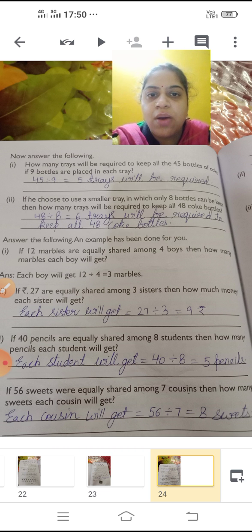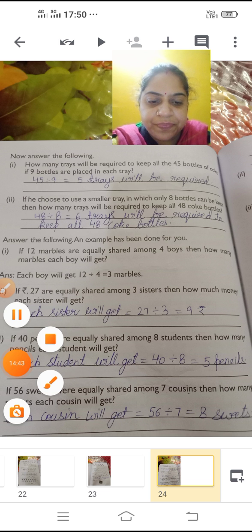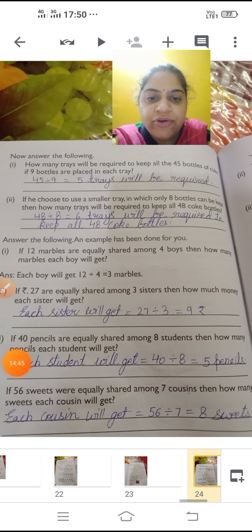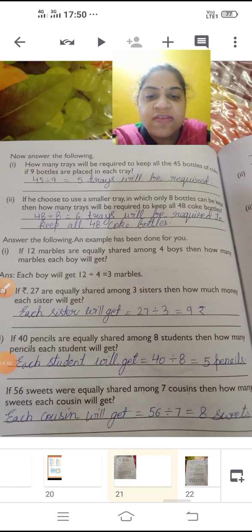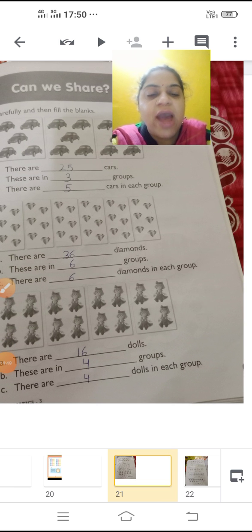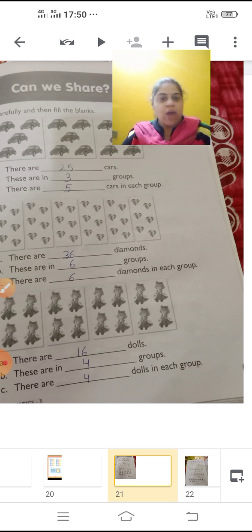Okay, now children, these questions you have to do in the workbook only. Don't get confused. Workbook work you have to do in your workbook only, no need to do it in the notebook. First, this should be clear to you.